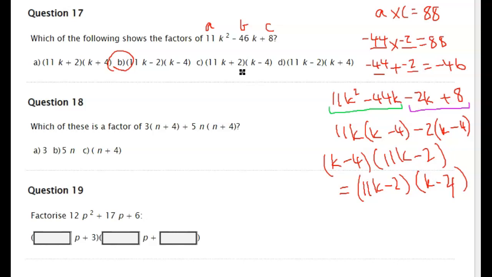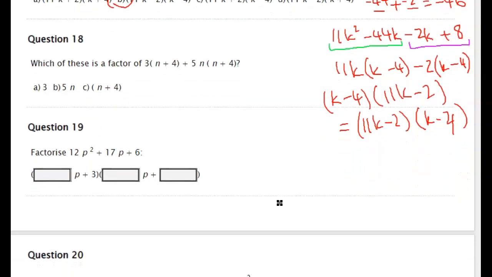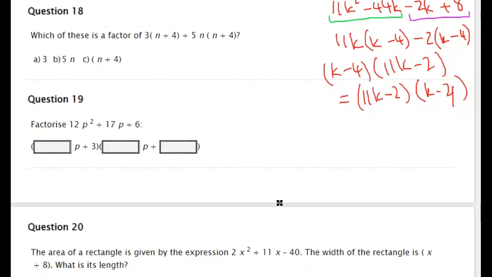If you did that, it wouldn't be C and it wouldn't be D, so you're decreasing the number of choices to 2. Okay, so there are other ways you can do it if you find this way of factorizing quite difficult. But remember, you can always check your answer, which is good.